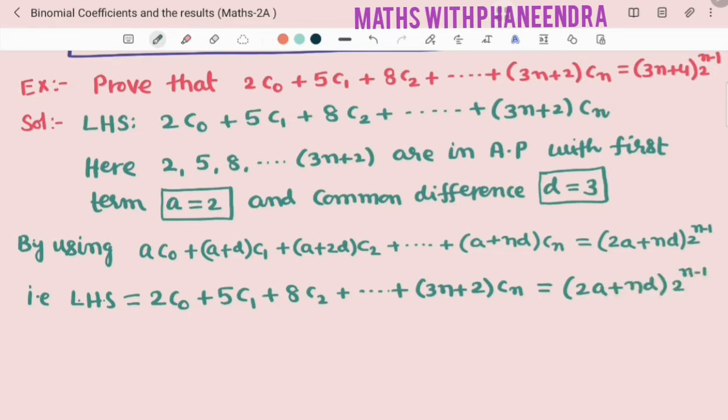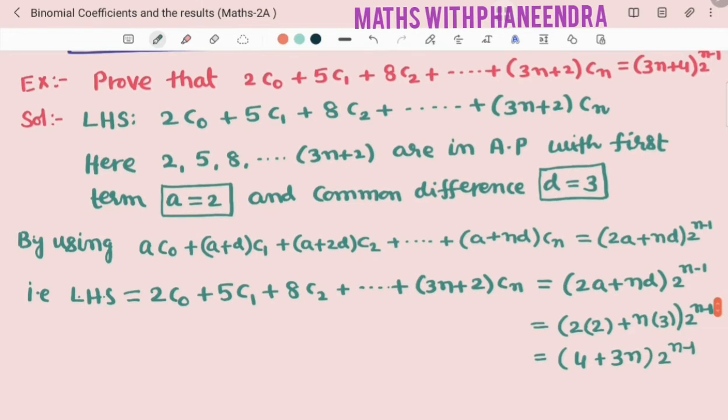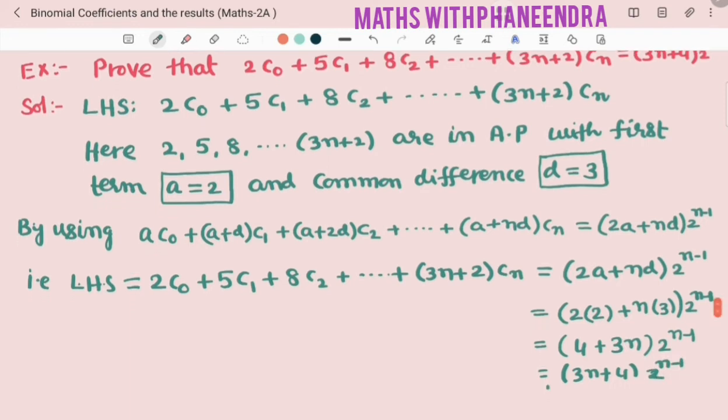In place of A and D, substitute 2 and 3. So 2 into 2 plus n into D value 3, 2 power n minus 1. So (4 plus 3n) into 2 power n minus 1. That's what they are asking to prove, which is equal to (3n plus 4) into 2 power n minus 1, which is the required RHS.